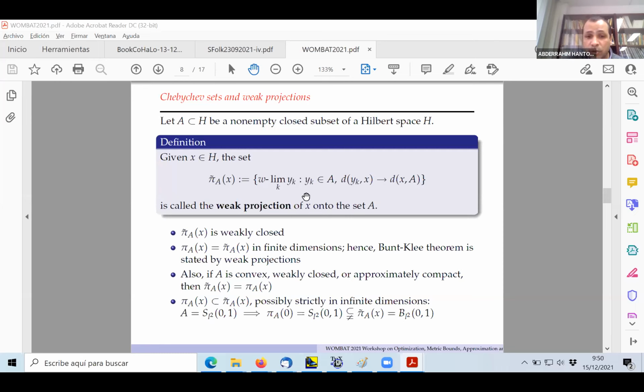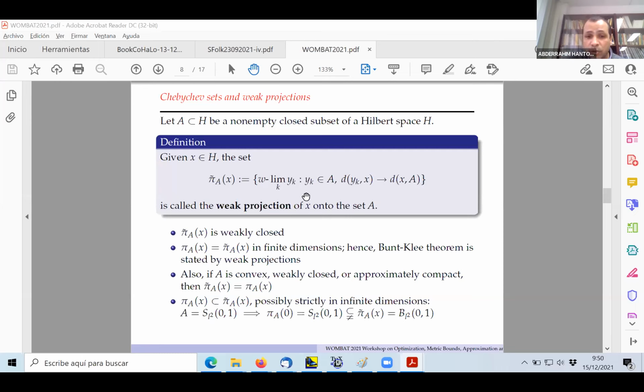Of course, other concepts like weakly closed or approximately compact, due to Vlasov, I don't recall here the definition. In such usual standard assumptions dealing with Chebychev sets, on all of them, this weak projection reduces to the usual one. Actually, this weak projection may be strictly larger than the usual projection.